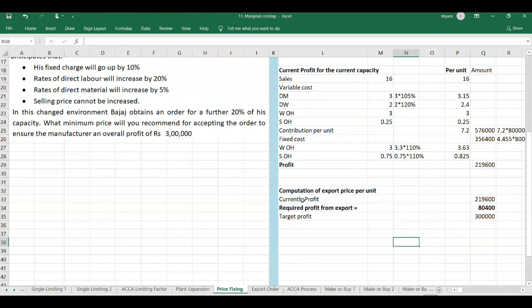So to find out required profit kind of problems, we have this formula. So you can find it out in units, or you can also find it out in amount. So required profit equals to fixed cost.